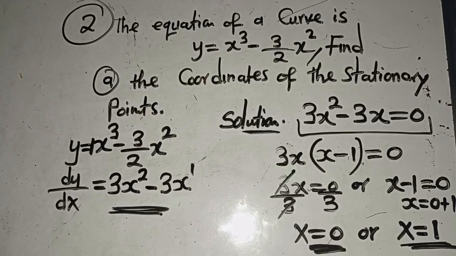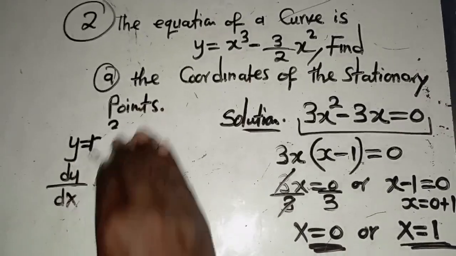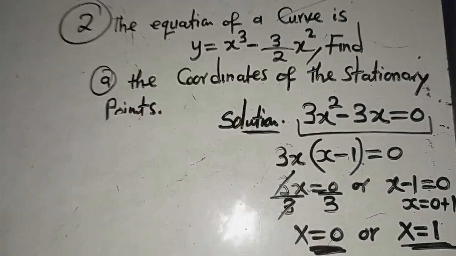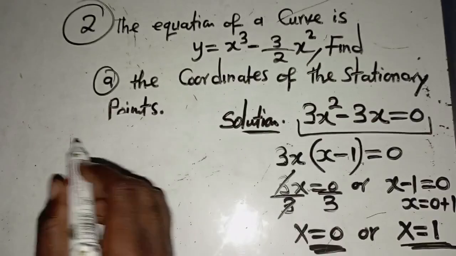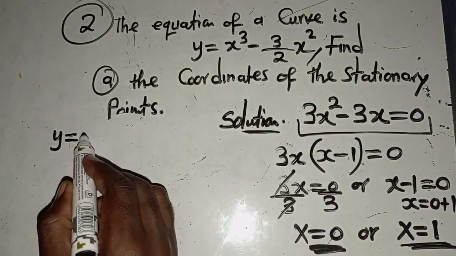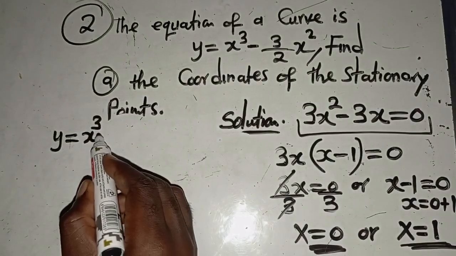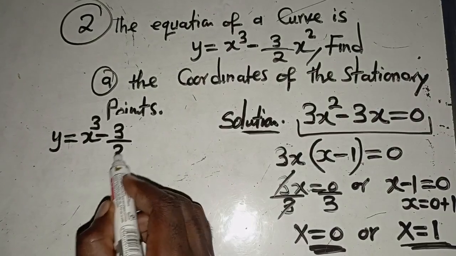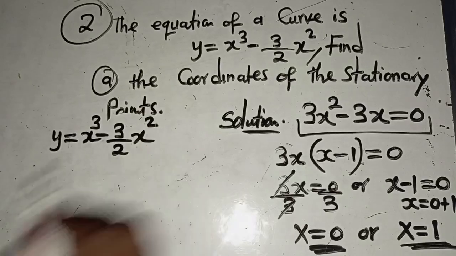After solving the equation, you go back to the original equation, where you are going to find the values of y, using the values of x, using this one and that one. So we go to this now. I get the original equation: y is equal to x cubed minus 3 over 2 x squared.